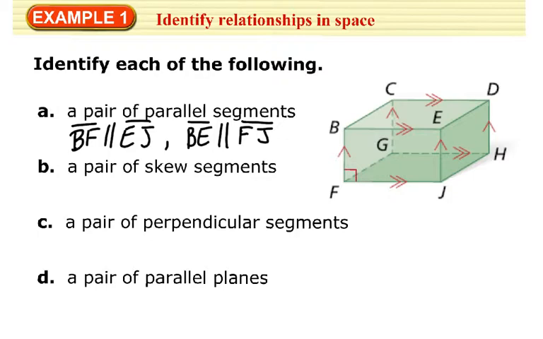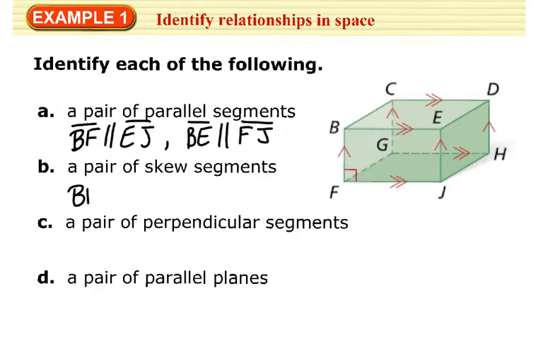Now let's look at a pair of skew segments. Now remember, skew segments are not coplanar and they do not intersect. So let's start out with BF again and then find a line that is not coplanar and does not intersect.